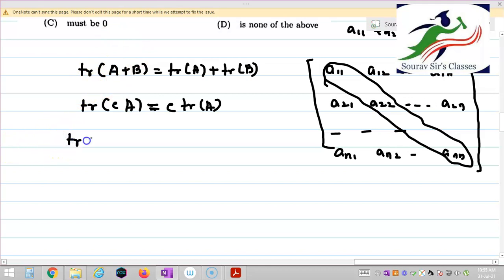It is also a very important result that trace of AB is equal to trace of BA for any matrices A and B where AB is possible, more precisely when A and B are square matrices.